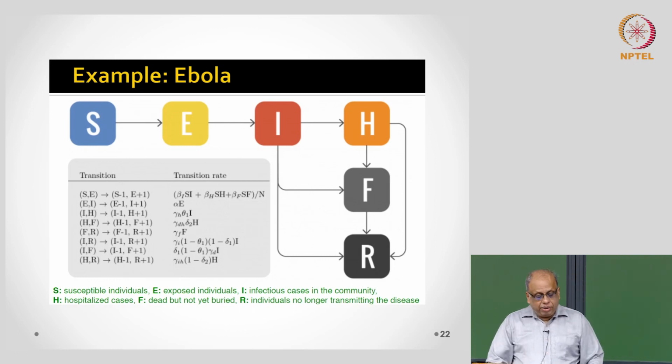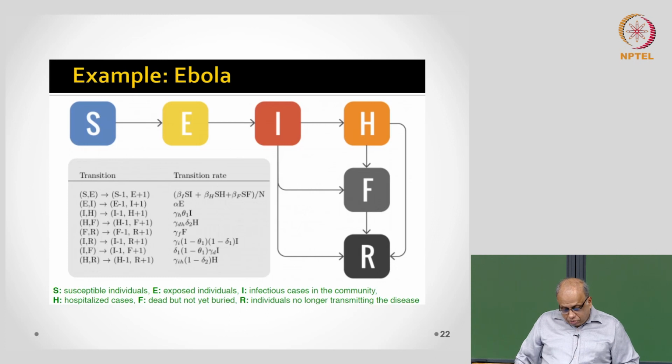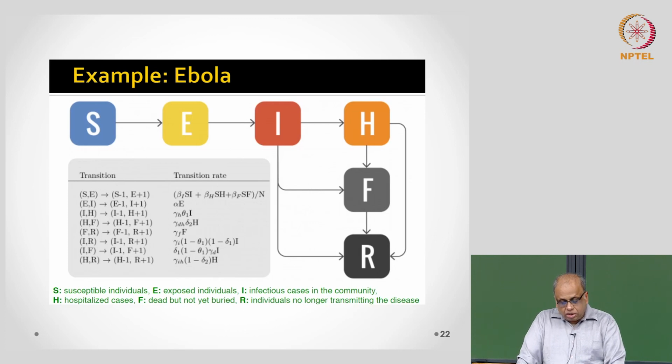So you can make the model more and more complex to take care of different kinds of states a person may be in. But the most important thing to model is also these numbers, the beta, the delta, and things like that. For example, how do you know the probability that if you are exposed, how many of them will get the disease?